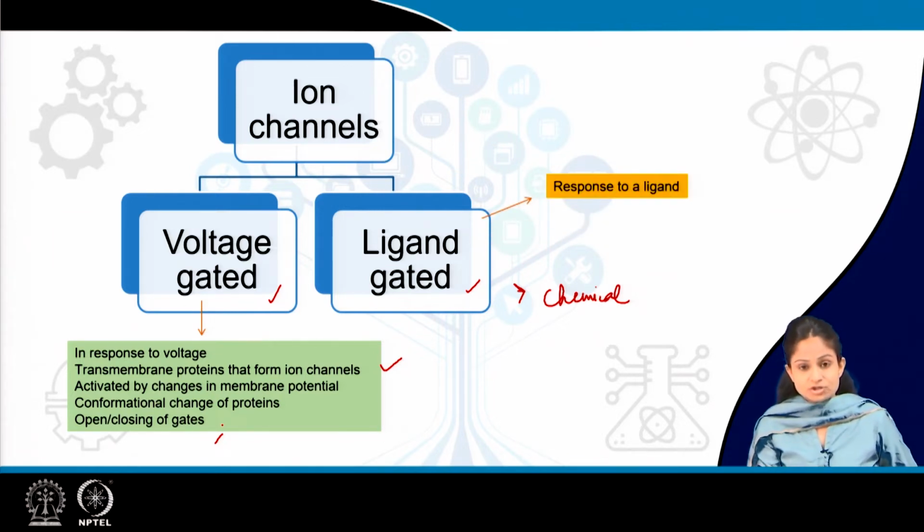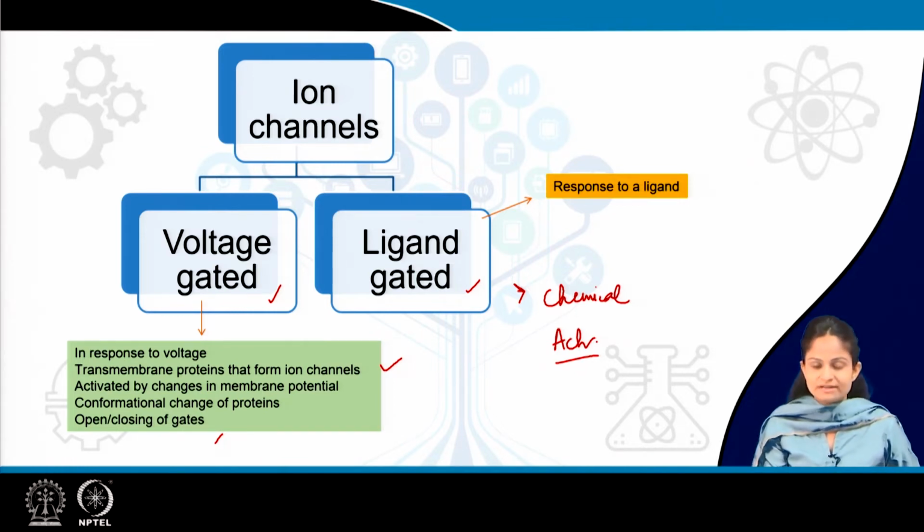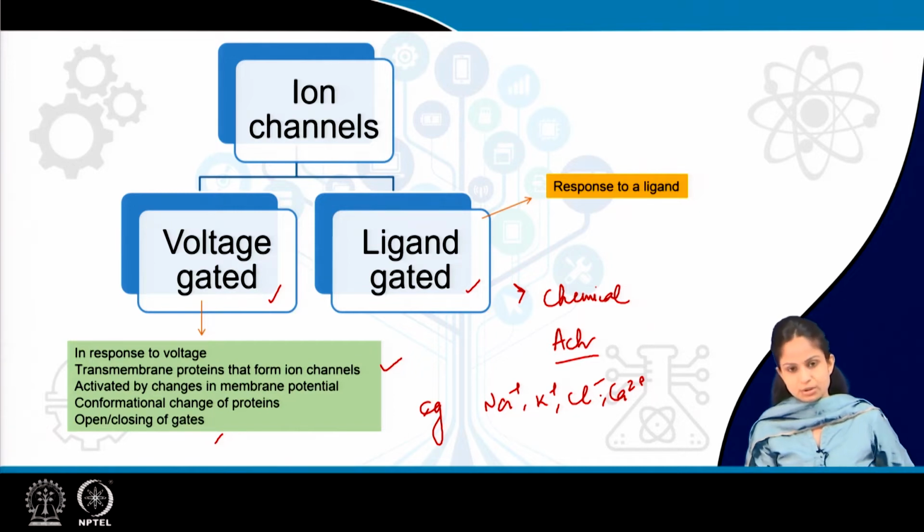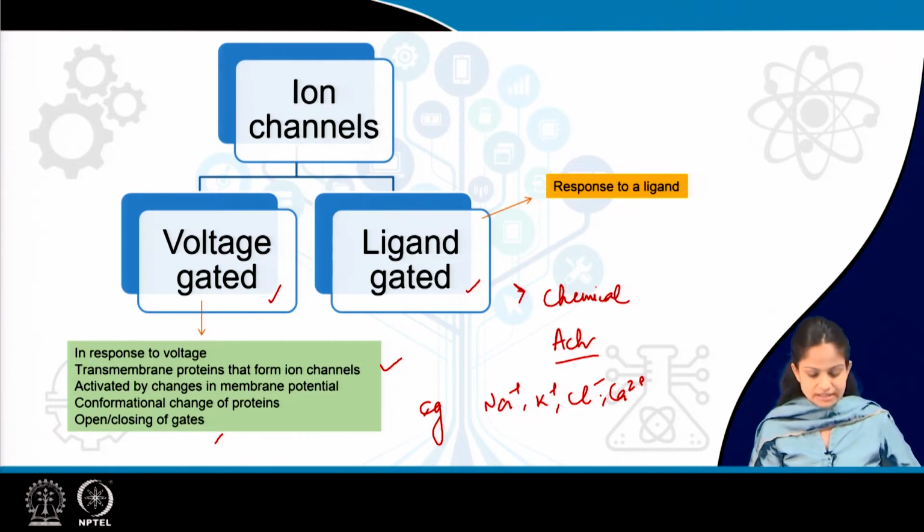So, ligand gated channels, the most common example we see with the acetylcholine nicotinic receptor mechanism, and voltage gated channels we have various examples like sodium, we have potassium, chloride, calcium. Most studied these are the voltage gated channels, and today we will study about the sodium ion channel.